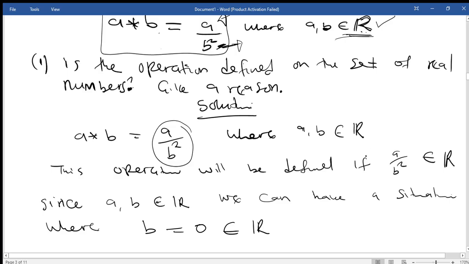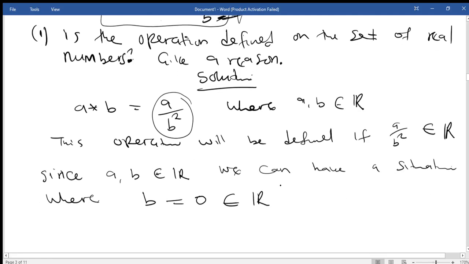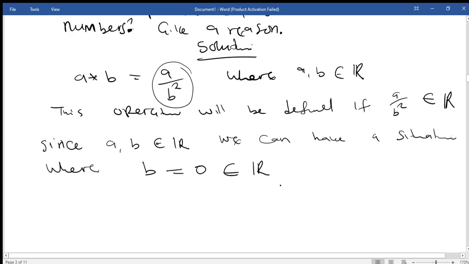So in this operation, we can have a situation where B is equal to 0. Obviously, this is in the number set. We know that 0 is in the real number set. So when you have a situation where B is equal to 0, being members of the real number set, what is going to happen?